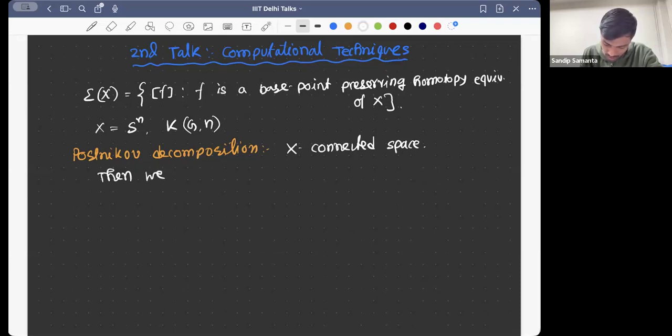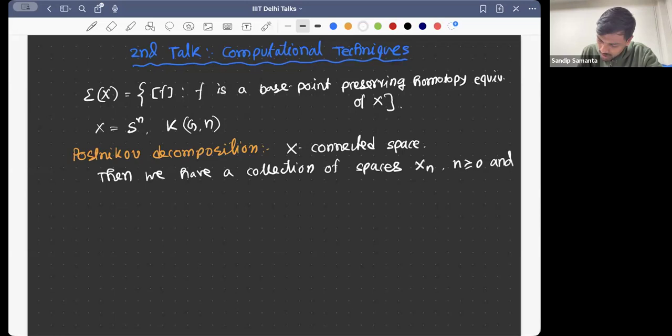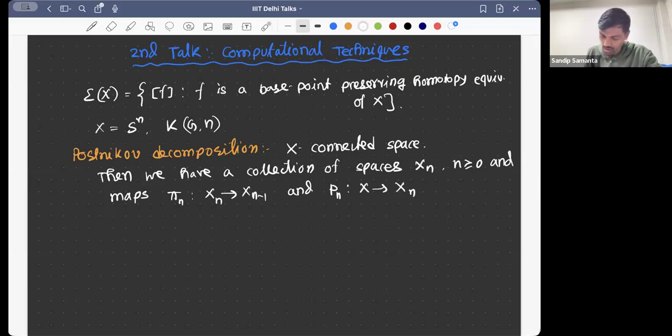Then we have a collection of spaces X_n for n greater or equal to 0, and maps p_n from X to X_n and q_n from X_n to X_(n-1).